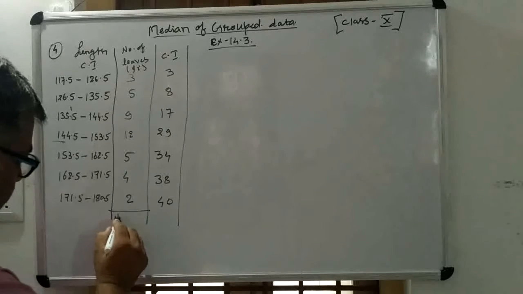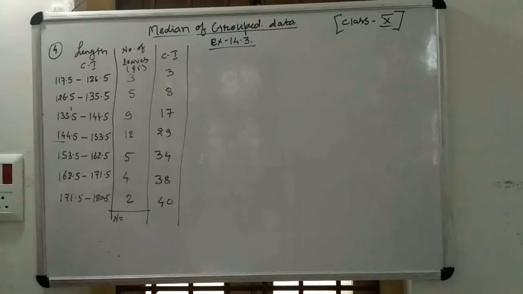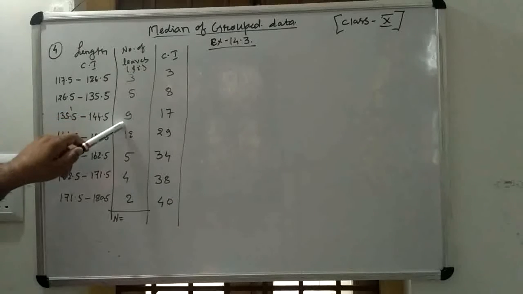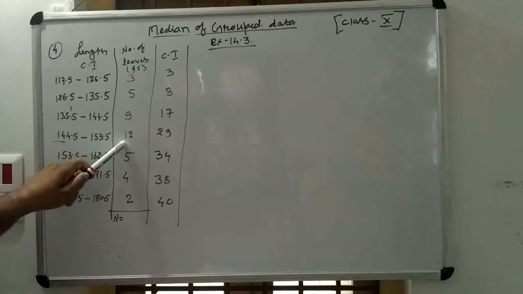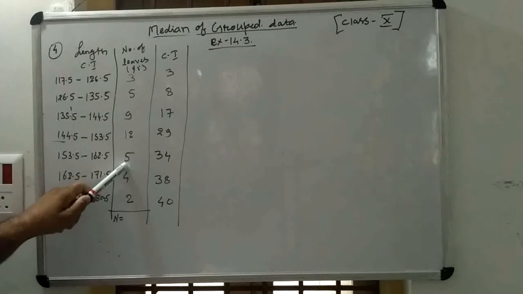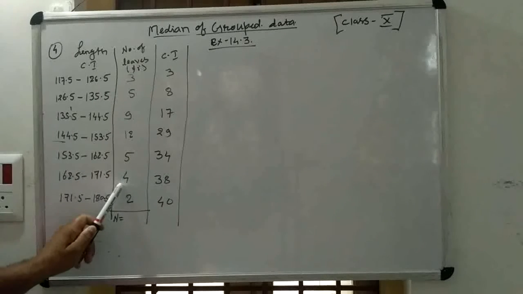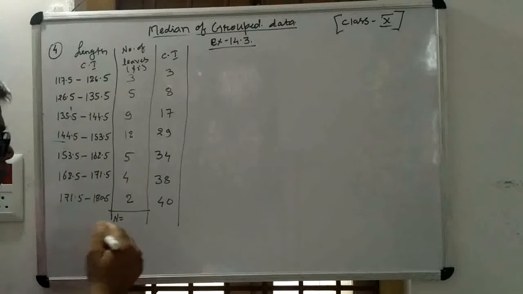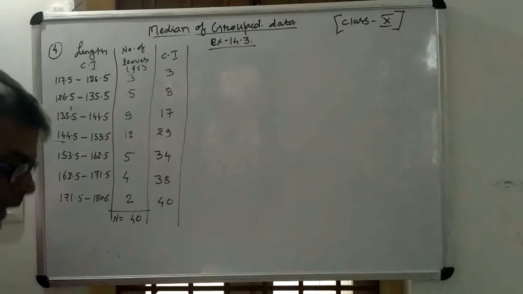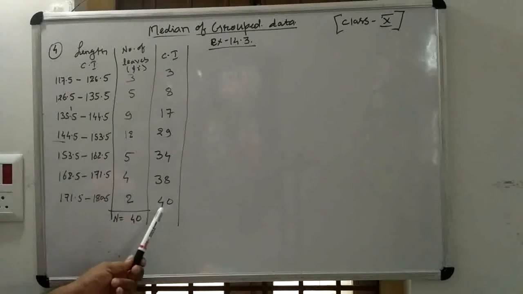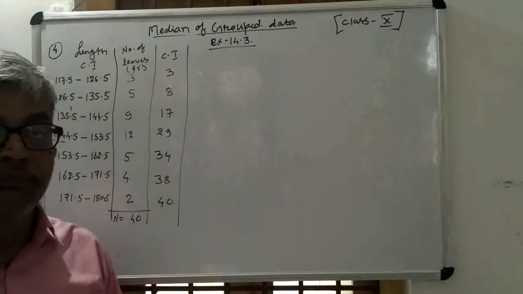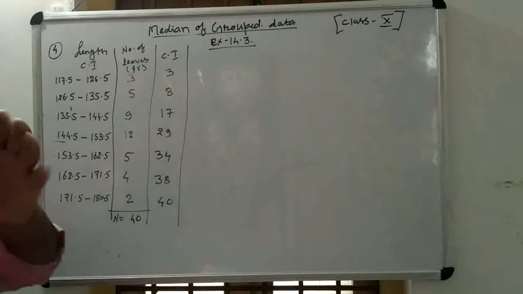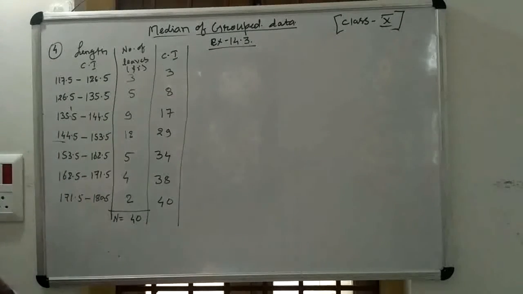You add it and check it. The last cumulative frequency is also 40, so our cumulative frequency table is complete.